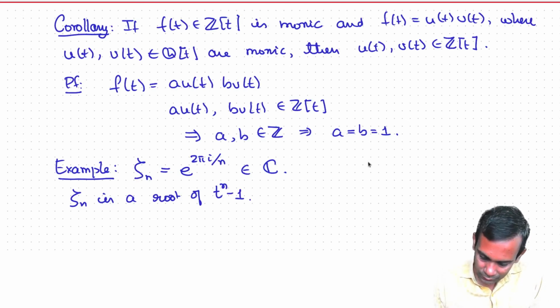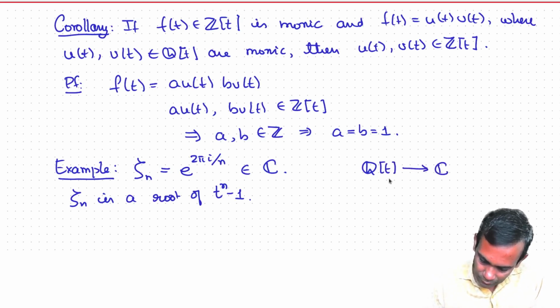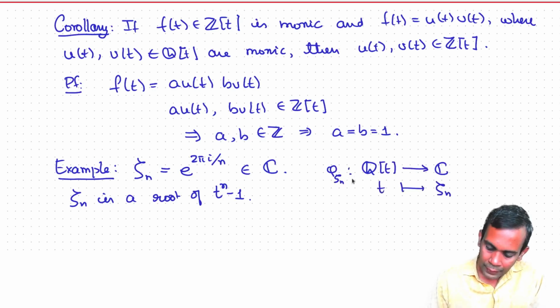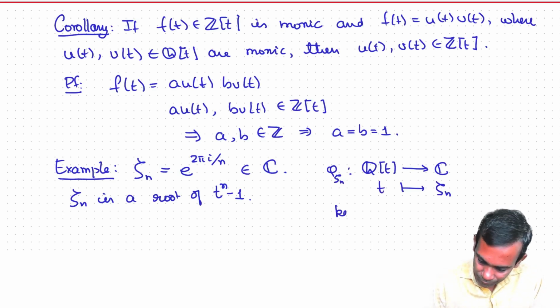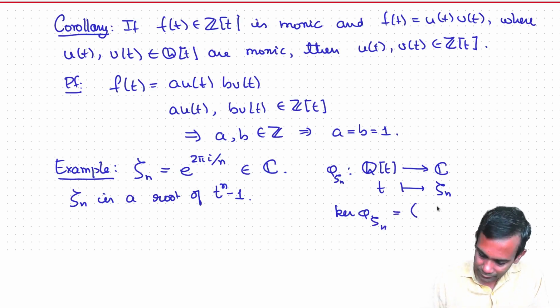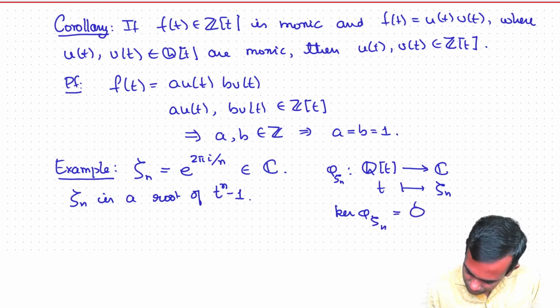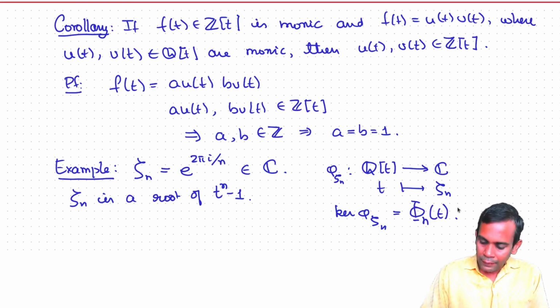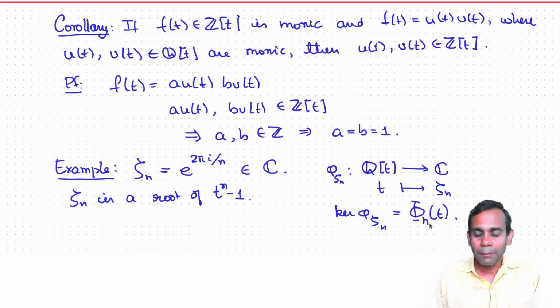We can construct the evaluation map, the substitution map from Q[t] to C obtained by taking t to ζ_n. And the kernel of this map, let's call that Φ_n, is usually denoted as capital Φ_n(t). We can assume that this is monic by scaling it.